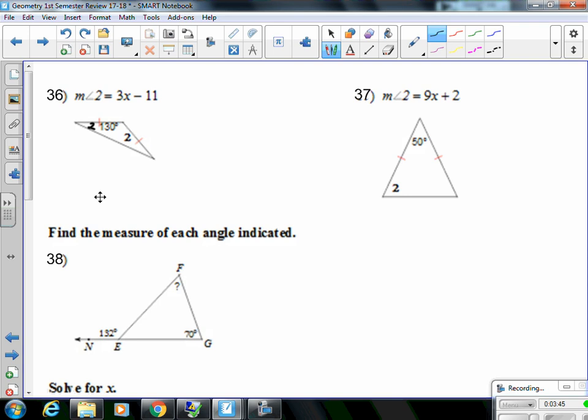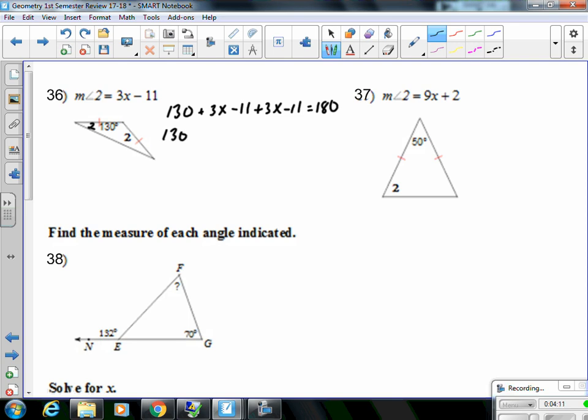So to solve for x, we're going to add all the angles up and set them equal to 180. So we've got 130 plus 3x minus 11 plus another 3x minus 11. It's going to equal 180 because both of those angles are going to be 3x minus 11 since it's an isosceles triangle.